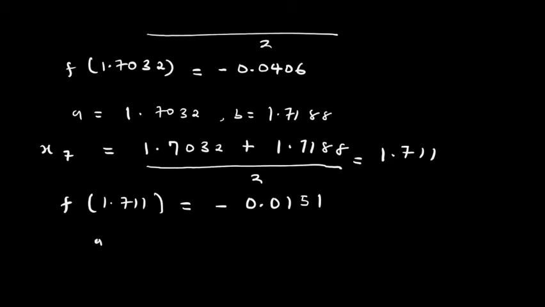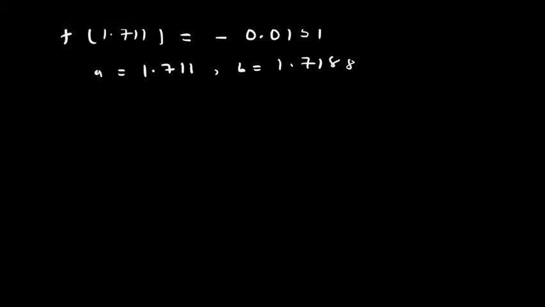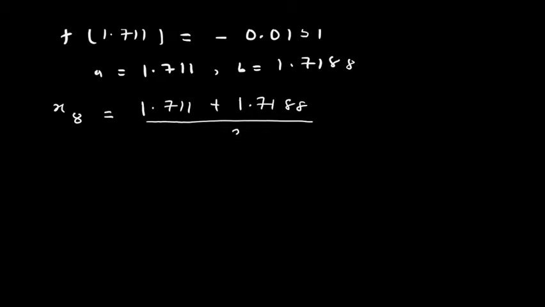Since this is also negative, the next two guesses will be A is equal to 1.711, B is equal to 1.7188. So x8 is equal to 1.711 plus 1.7188 over 2.